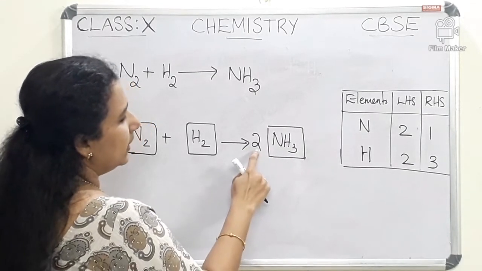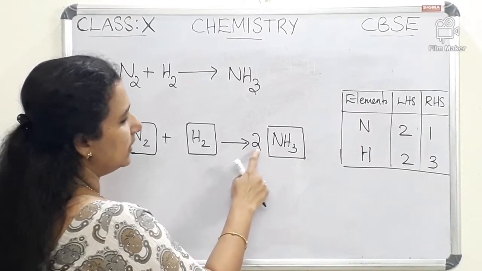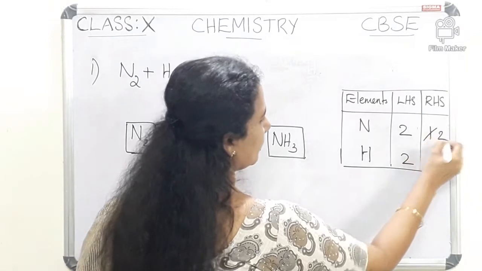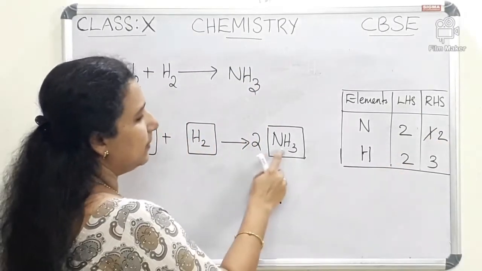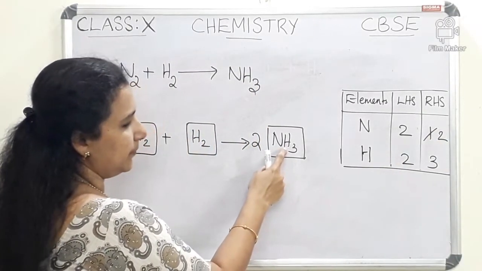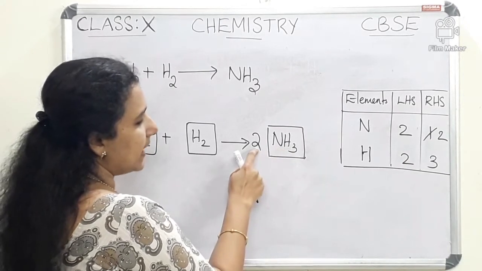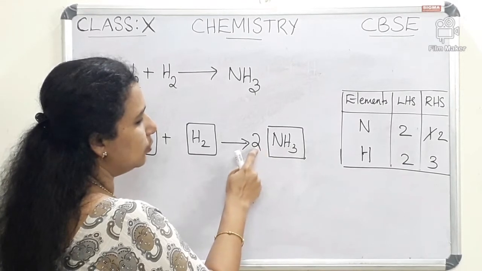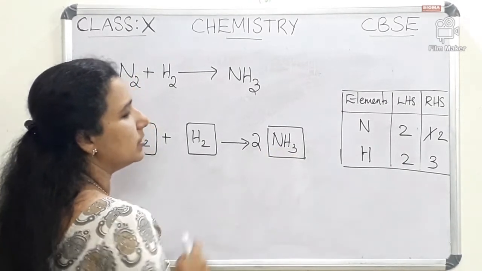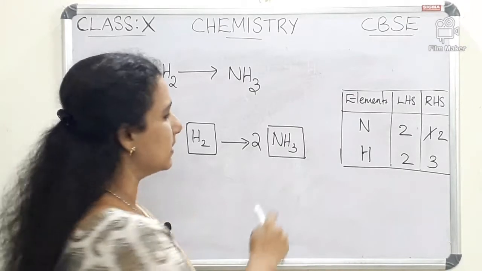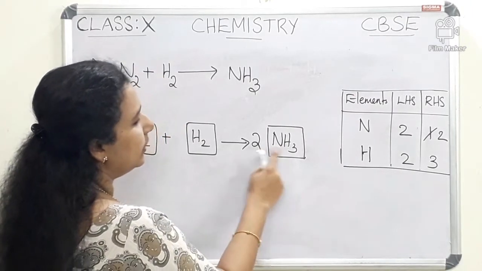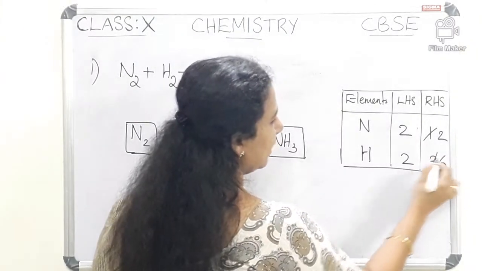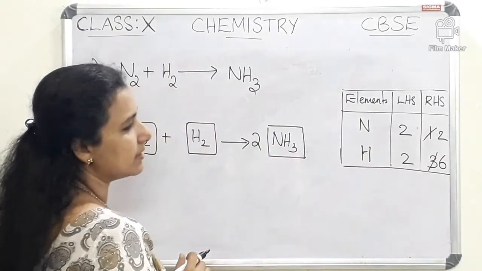Then nitrogen will be 2. This 2 is applicable to hydrogen also, so we multiply 2 with 3 to get the total hydrogen atoms in the RHS. 2 into 3 means 6. Now there are 6 hydrogen atoms in the RHS.